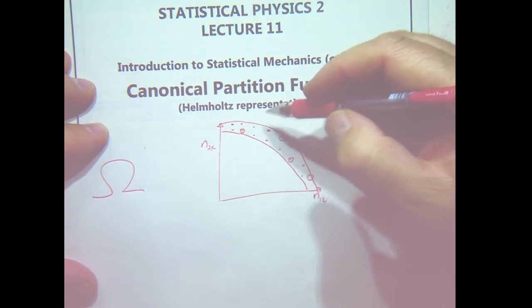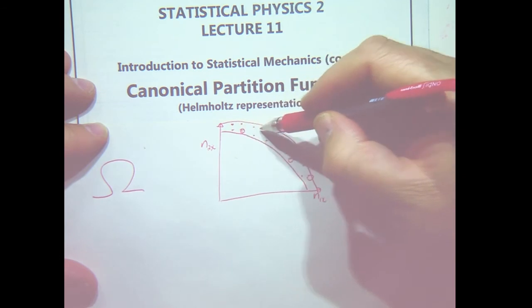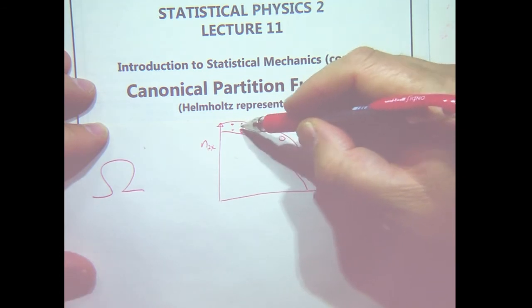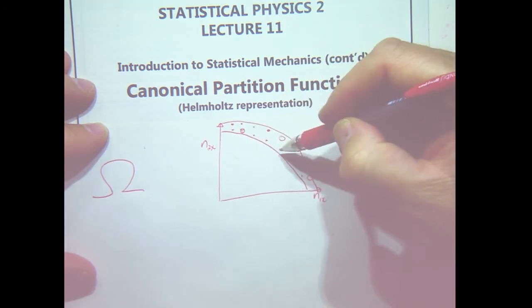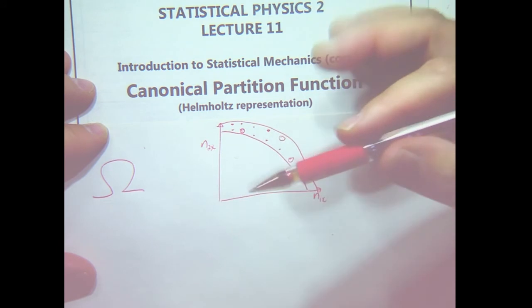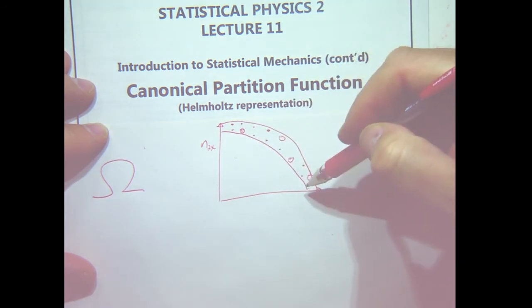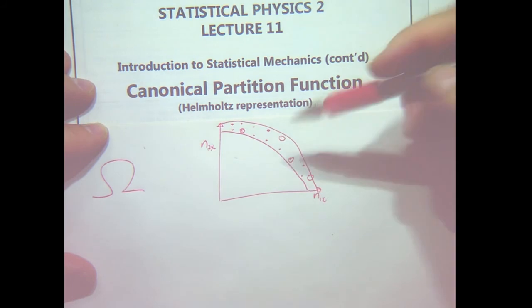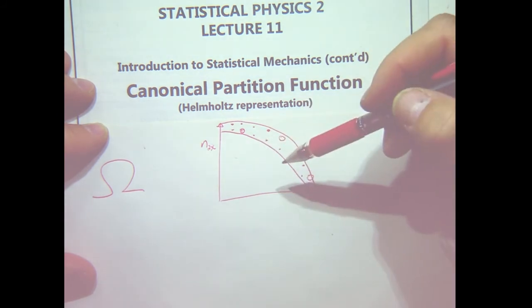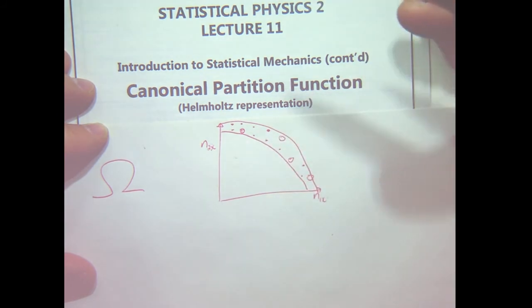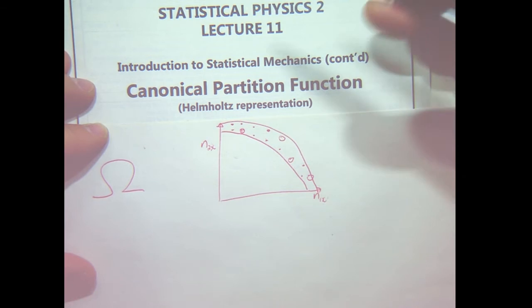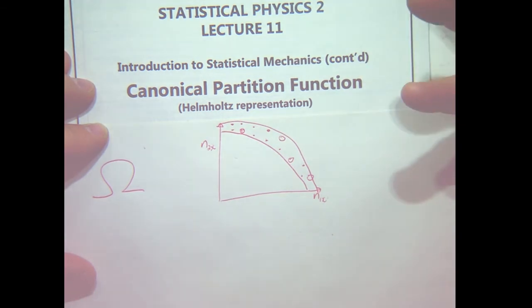So it's not quite true that the number of accessible states is the same as the volume in the state space, or, in the classical description, the phase space volume. It's something that depends on the volume, but it's not exactly equal to it.